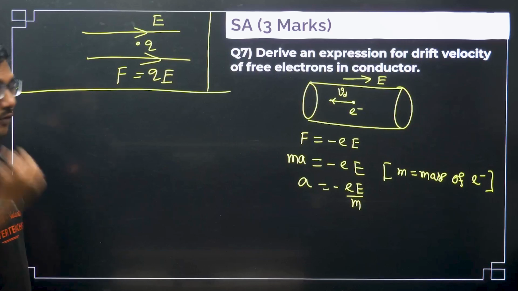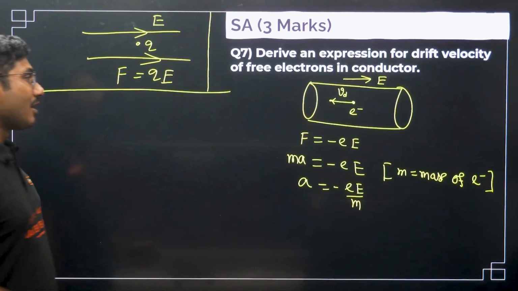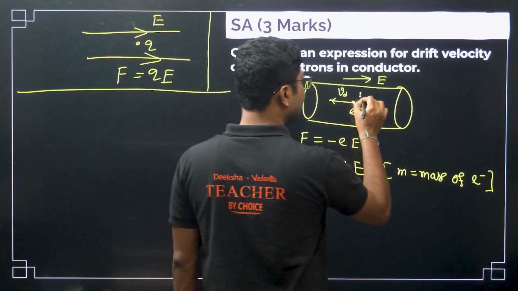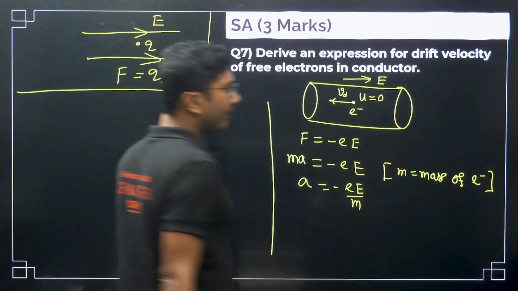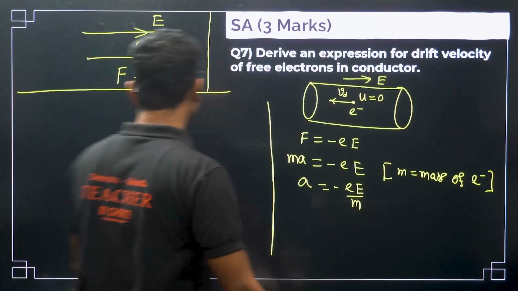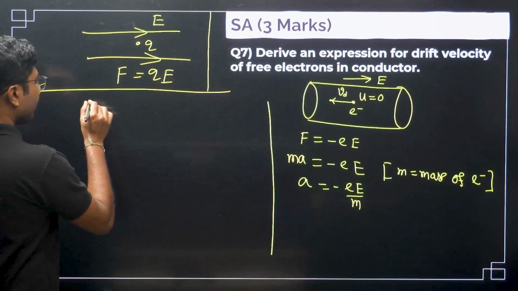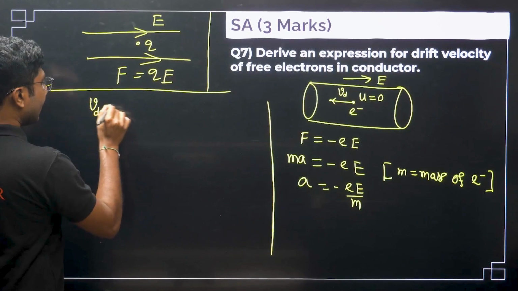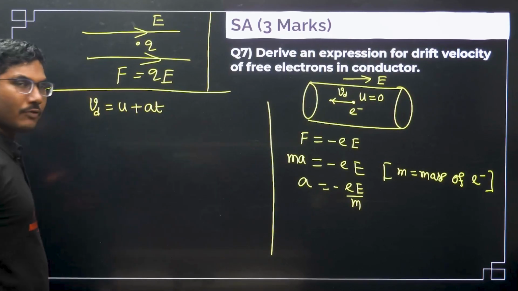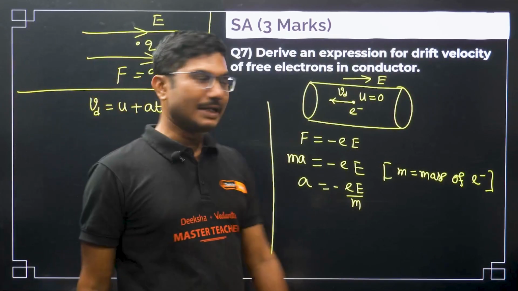Now we have to find the velocity, right? Acceleration we know, and the initial velocity was 0 when it started. So we will use the formula Vd equals u plus at. Simple formula, u plus at.